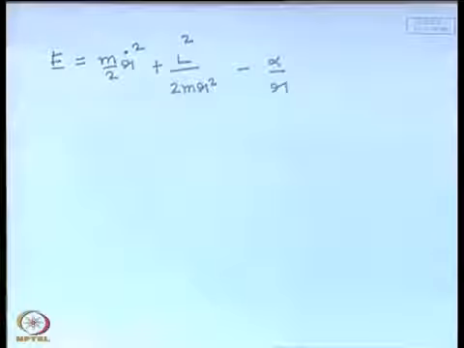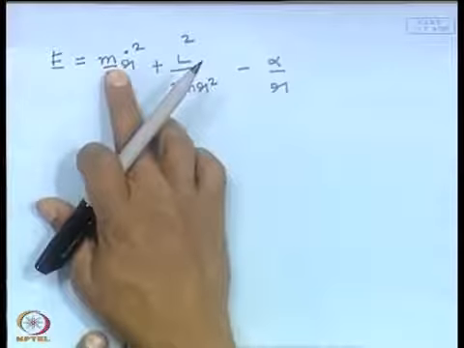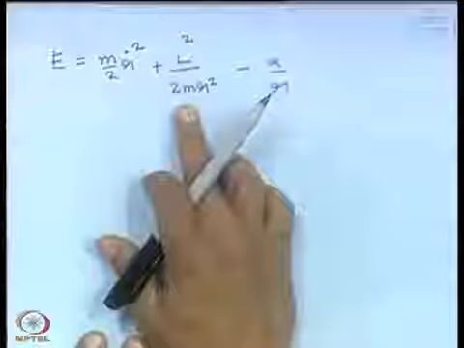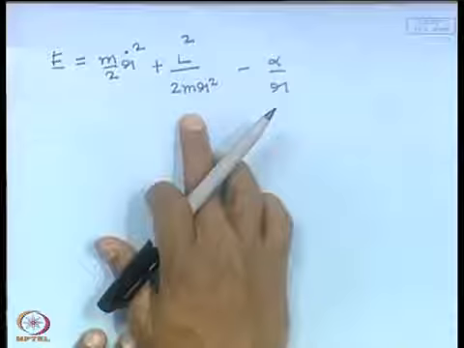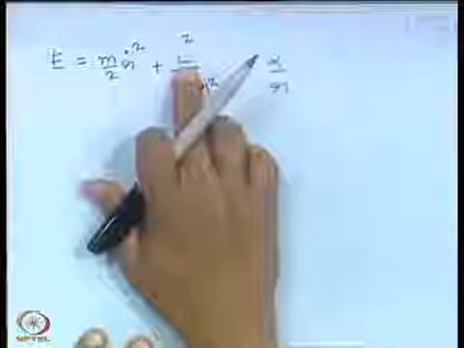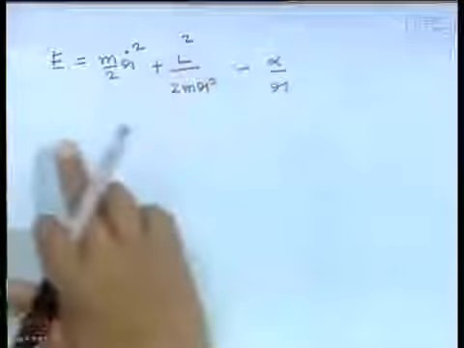So, let me remind you what each term stands for. This was the kinetic energy of the radial motion, this was the kinetic energy of the tangential motion, which we wrote in terms of the angular momentum. Please note that I have changed the symbol for the angular momentum. We had used capital M earlier, but then I realized that it could be confused with the total mass.